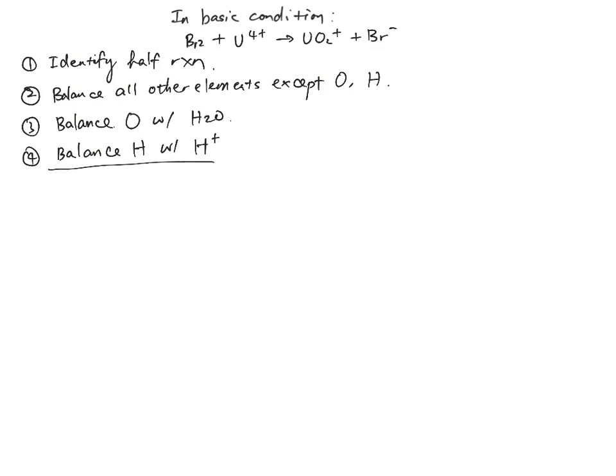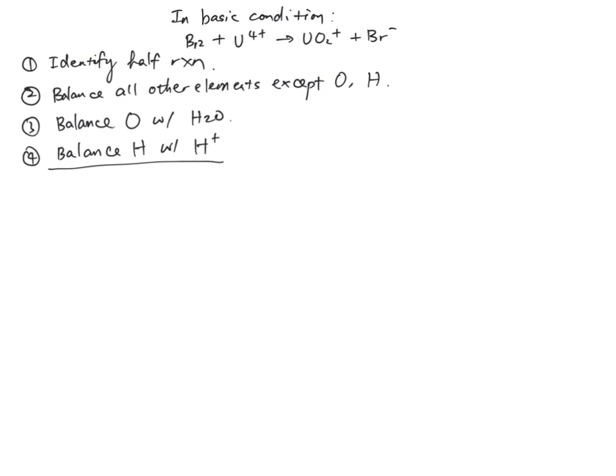This is where the argument is. You're already in basic solution. How can you use H plus? Well, we're using H plus to really just simplify the process. We're gonna get rid of it, in the way that basic solution would handle it. But this step here stays.